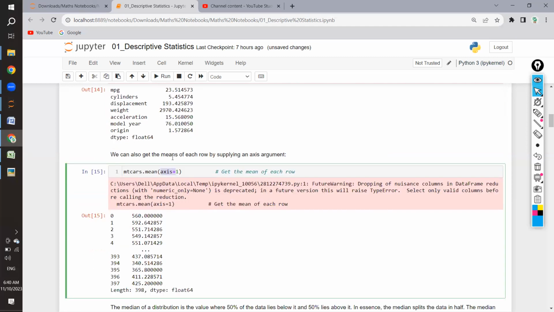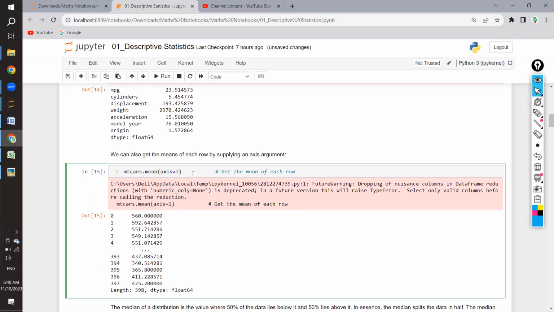So mt_cars.mean(axis=1) will give you the mean of each and every row. Only mean gives you the column-wise operation; axis equal to 1 gives you the row-wise operation.